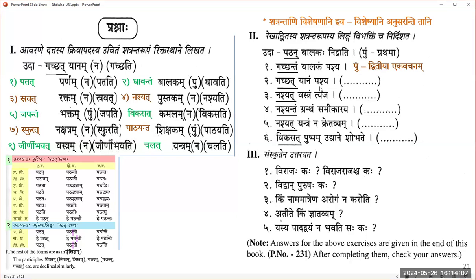Gachat Jnanam. This is Napusalingam. Dvitiya, this is... One second, I'll tell you. So Yanam is what Linga? Yanam is this thing. Vehicle. Yanam is Prathama also, Yanam Napumsakalinga. Okay. But here Yanam Pashya, it is not Yanam Gachati.